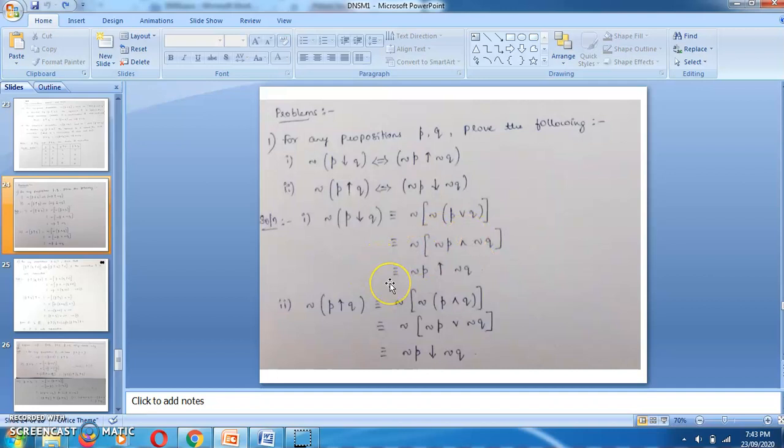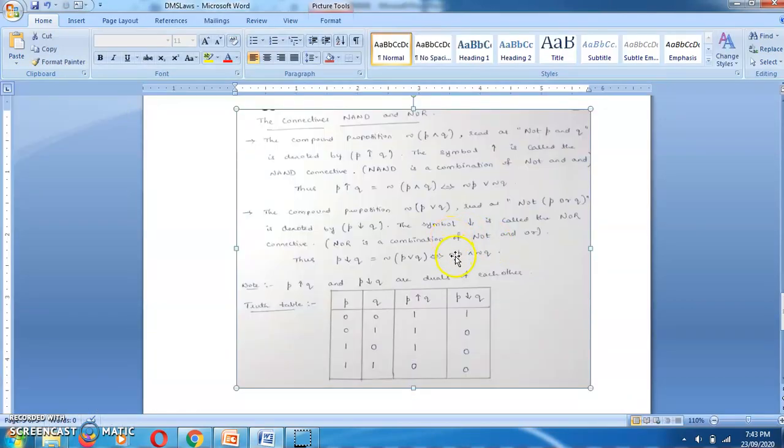Okay, so further simplification, it can be simplified as negation of P and negation of Q, as we have over here.